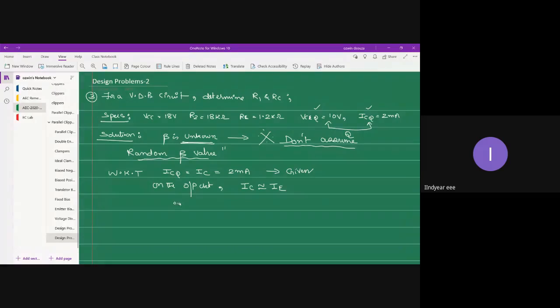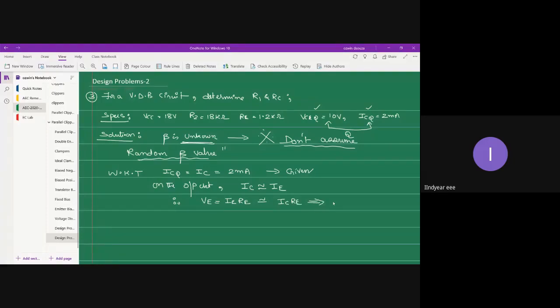Therefore you can go for the emitter to ground voltage equation, that is VE is equal to IE into RE, or approximately IC into RE.